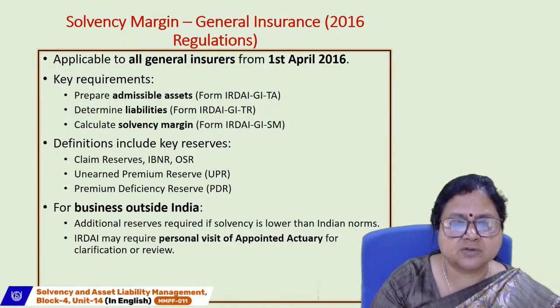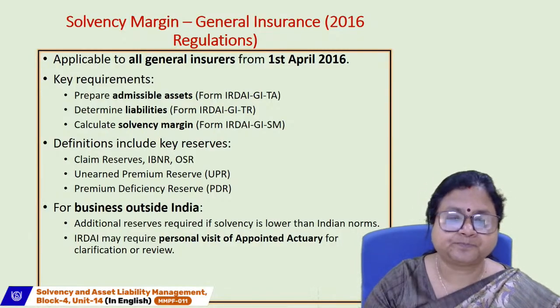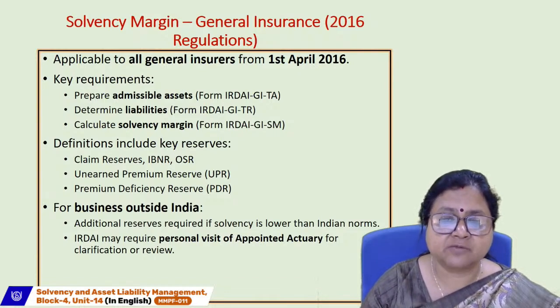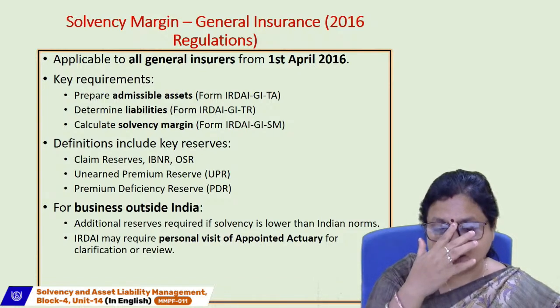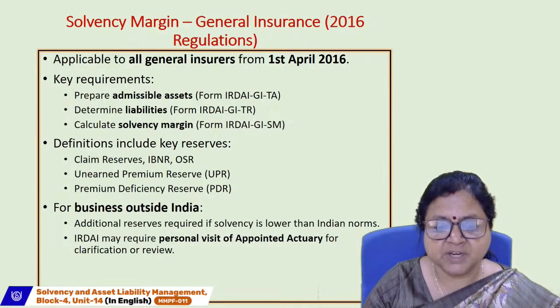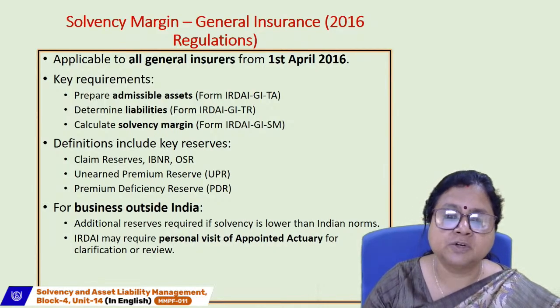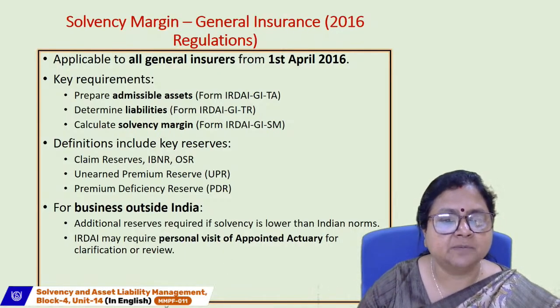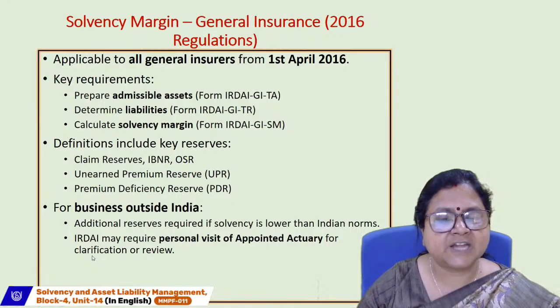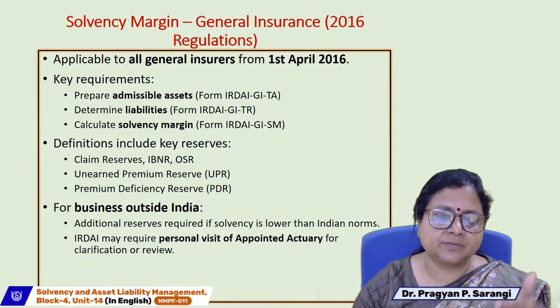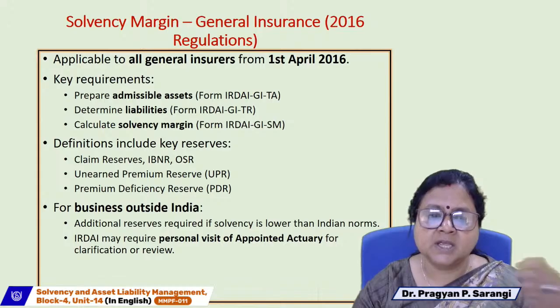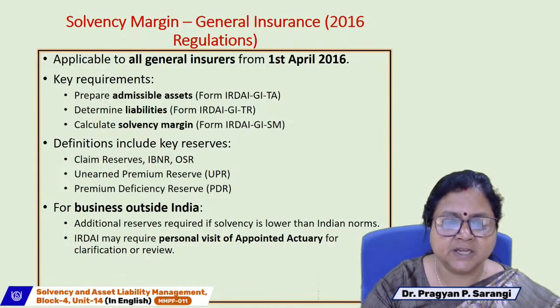If the business is outside India, then there might be a requirement of more solvency margin than the minimal Indian norms, so it can go above 150%. IRDAI may require a personal visit of the appointed actuary for clarification of the review. So at times the appointed actuary of the company can go and visit IRDAI whenever there is a review.